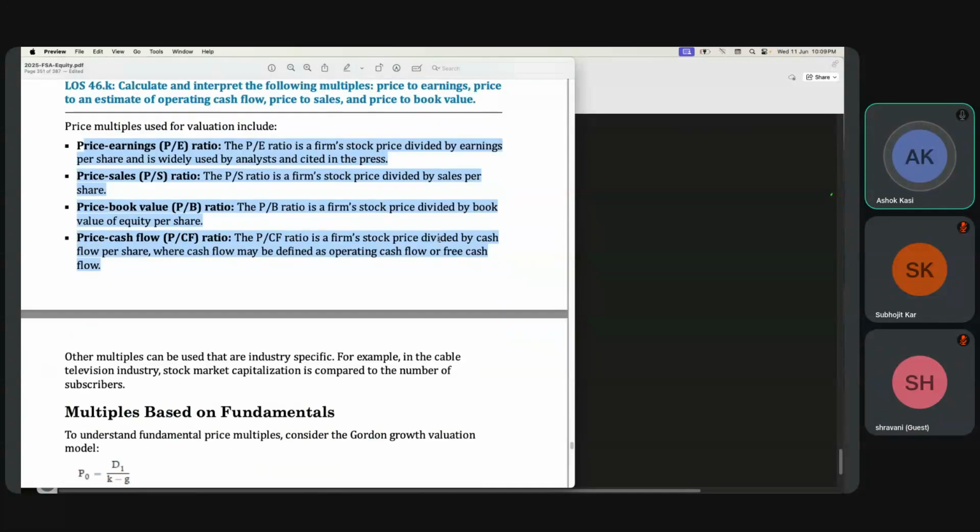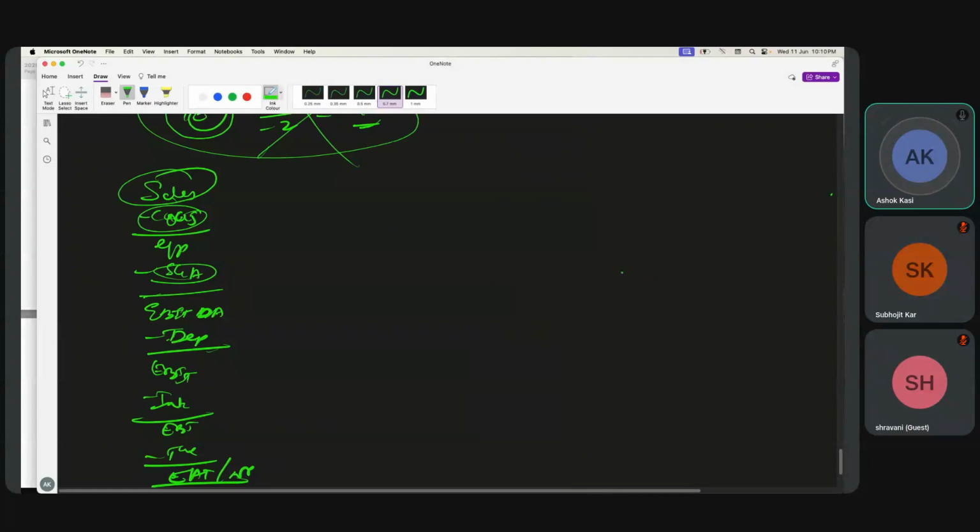Fine. When should we use the price to book ratio? Now, see, book means what? Book value per share. Book value per share means what? This is the balance sheet, and this is the asset side.